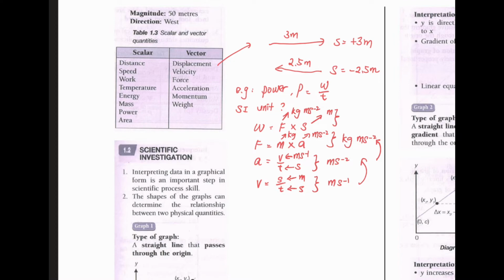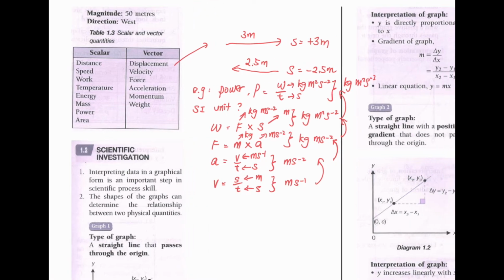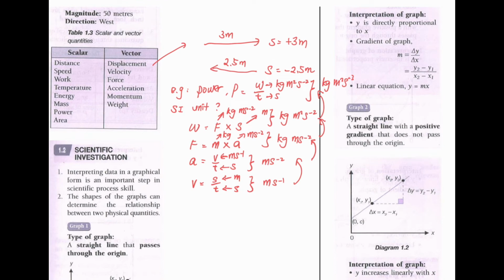Then we multiply, and we get kg meter square per second squared. We work backwards again, then we know that W is kg meter square s negative 2, this is second, then we know that this is kg meter square s negative 3. So at the end we get the answer. So this is the SI unit.